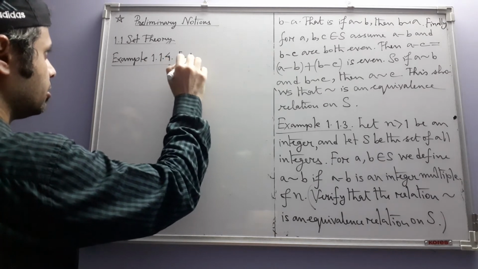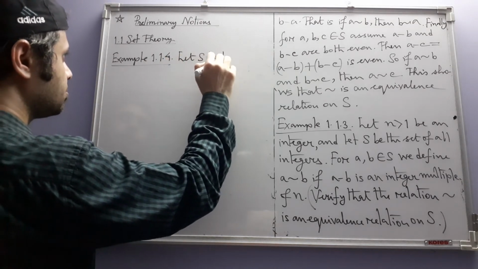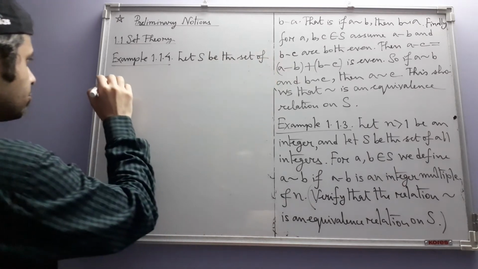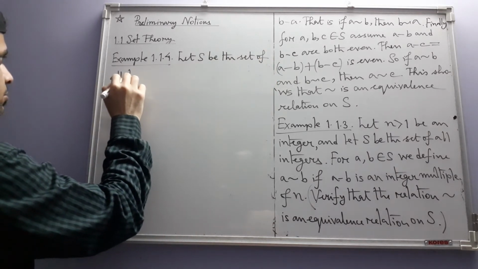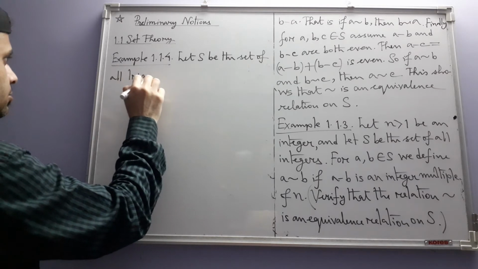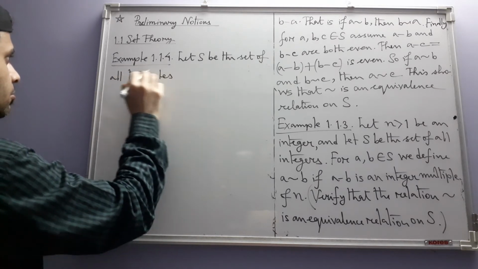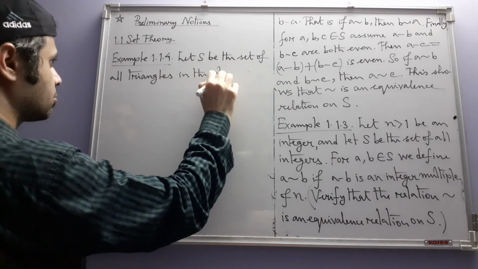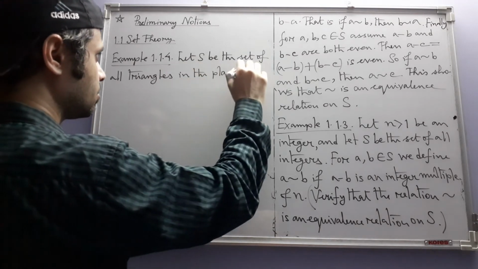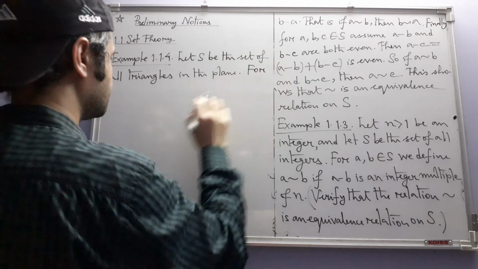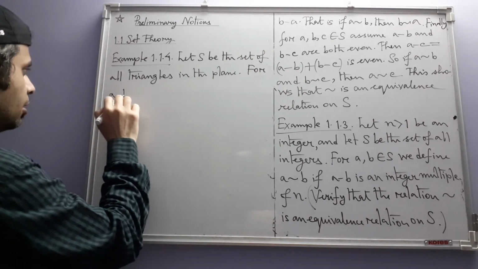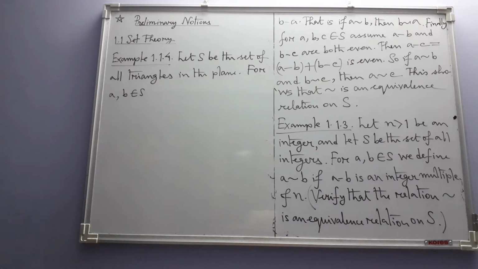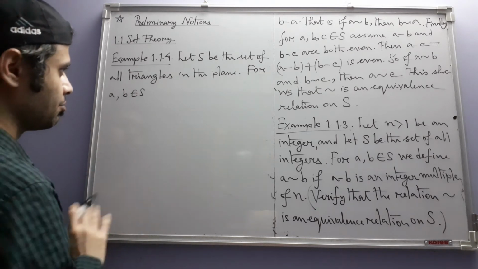Now let S be the set of all triangles in the plane. For A and B belonging to S, that means A and B are now two triangles in the same plane.